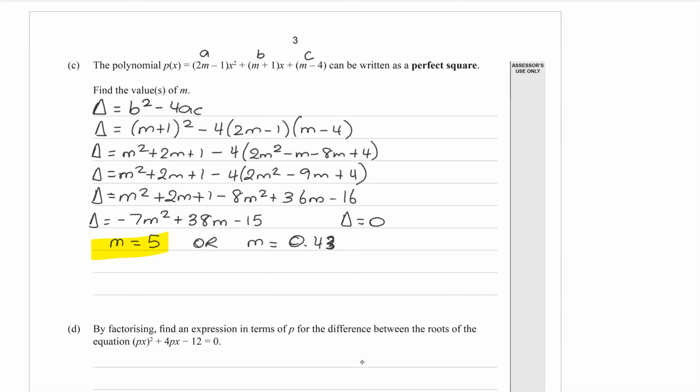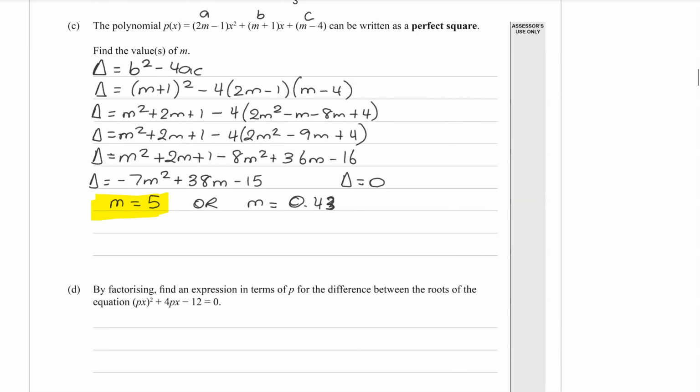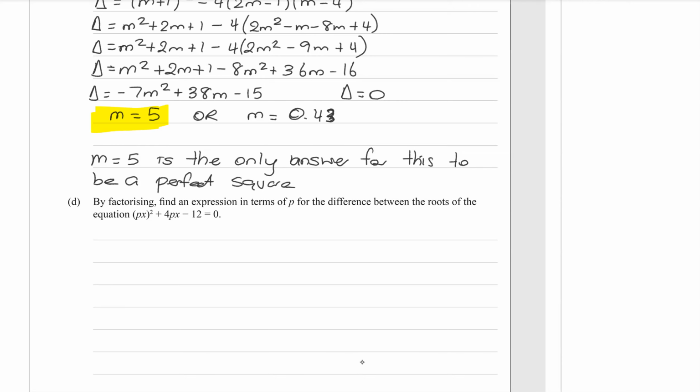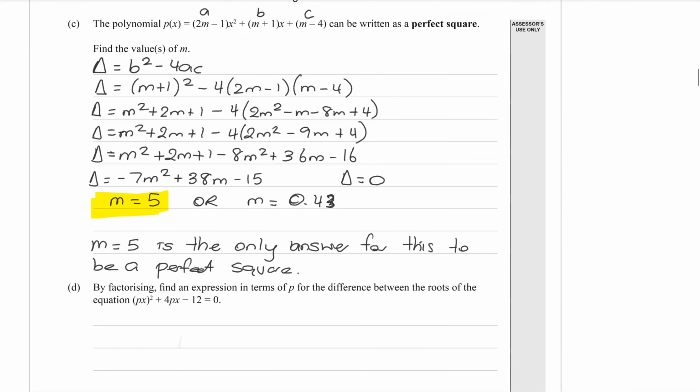Therefore, m equals 5 is the only valid answer for this to be a perfect square, because I want that C value to be positive.